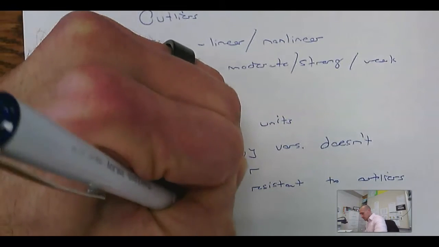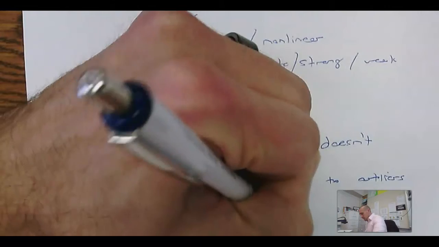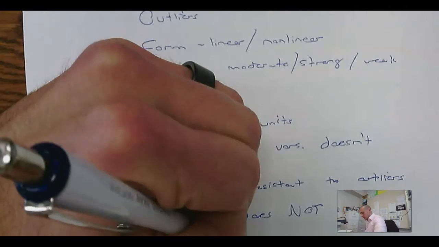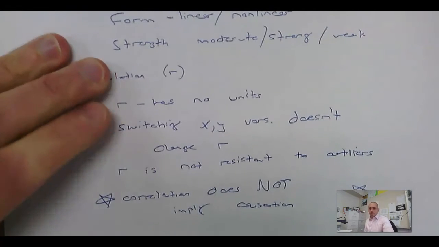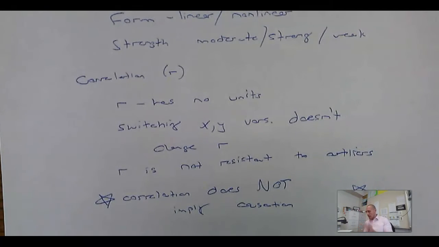Correlation does not imply causation. You can have two variables that are highly correlated. That does not mean one caused the other. As we know from chapter 4, you have to have a controlled, randomized, replicated experiment in order to conclude cause and effect. So correlation does not prove causation.